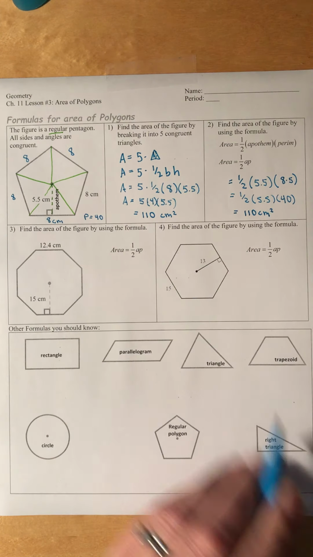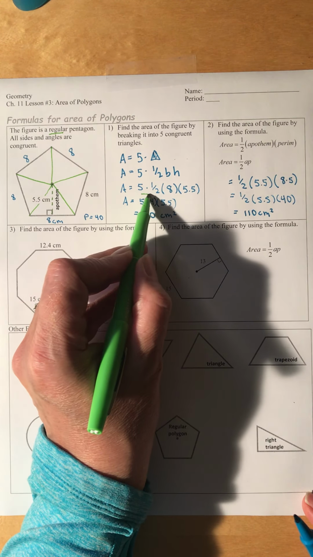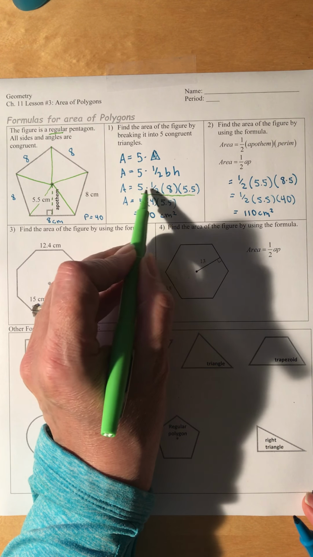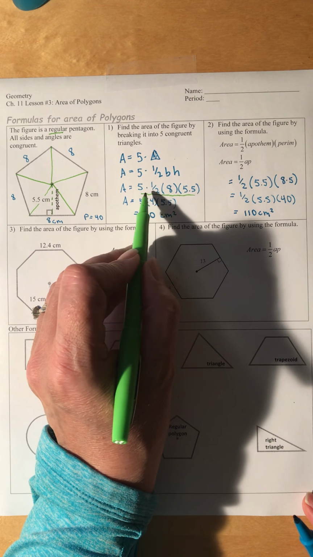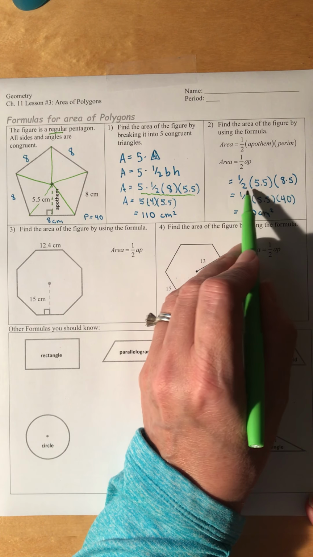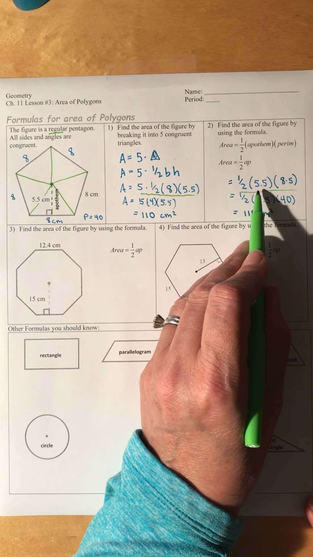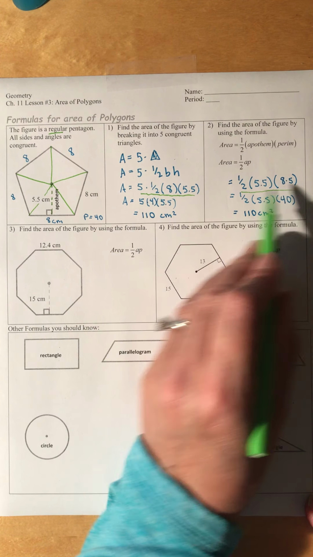You should know that it should have been 110 because both of these are finding the area of the same pentagon just using a different method. And notice here that this line, 5 times 1/2 base times height, for finding the area of the triangles, uses the same numbers: 1/2, 5.5, and 8 times 5.